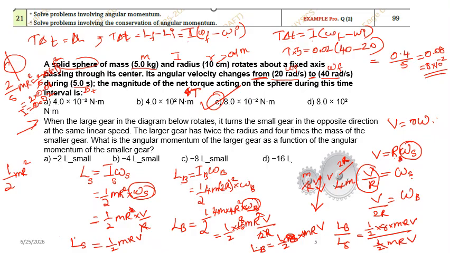Half and half will get cancelled, m and m, r and r, v and v also will get cancelled. We will get 8. So Lb by Ls will be 8. So Lb is equal to 8 into Ls. So this is the answer.